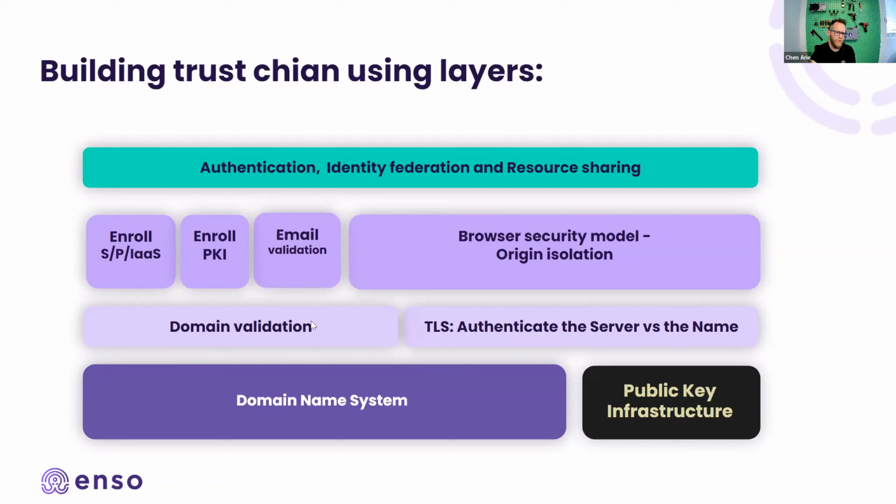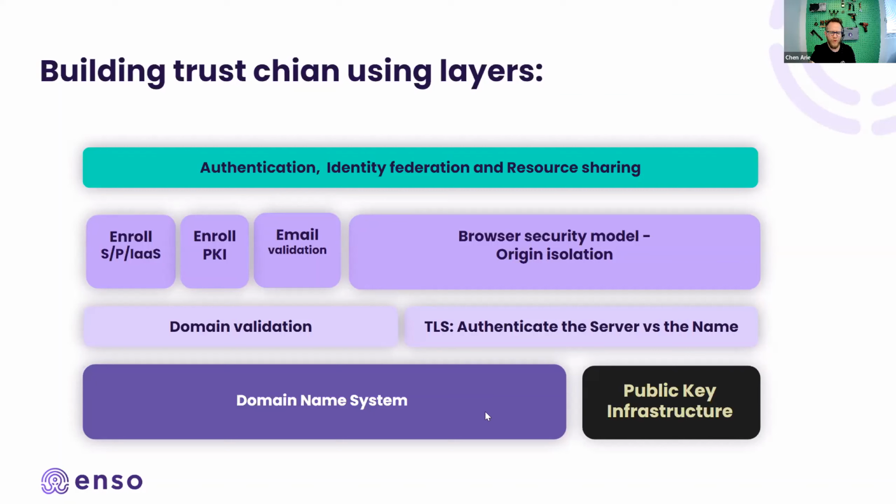And by that, we do direct domain validation, and we can bootstrap another authentication subsystem on top of it and build another layer of trust. It's very common to do enrollment of PKI based on domain validation, but you can also enroll other assets. You can enroll a full infrastructure as a service, platform as a service, different kinds of website platforms, email platforms, office services. Everything can be enrolled on top of this sort of domain validation.